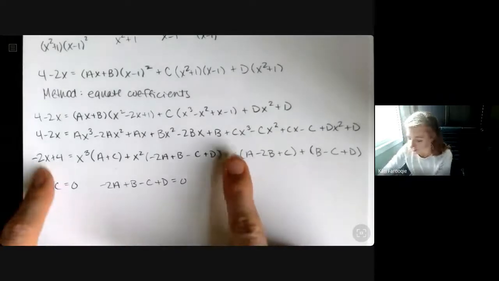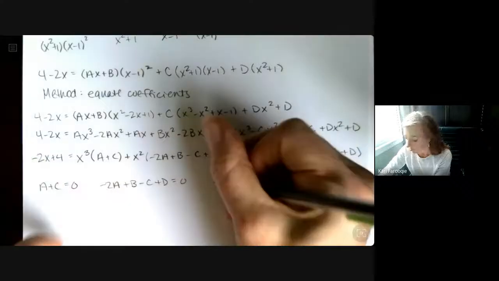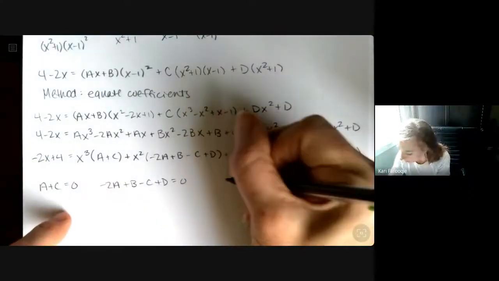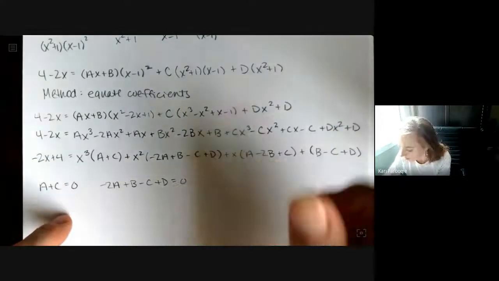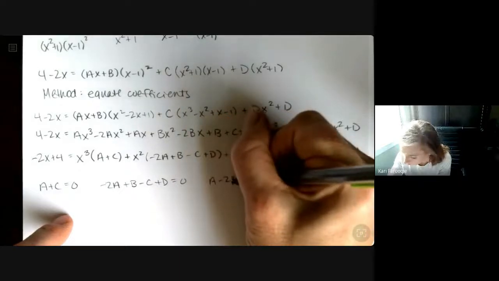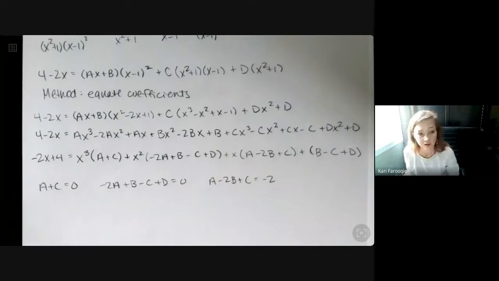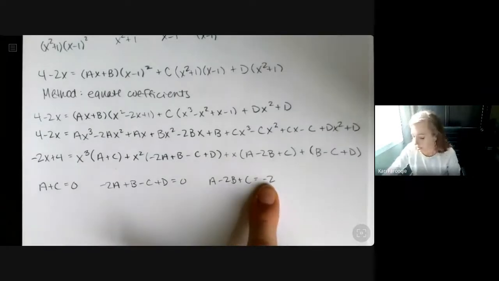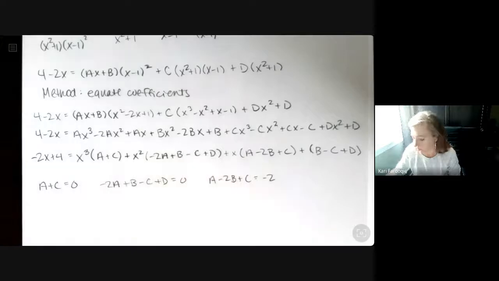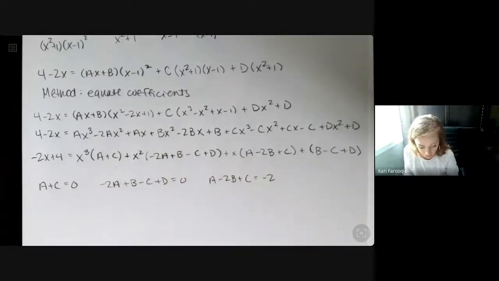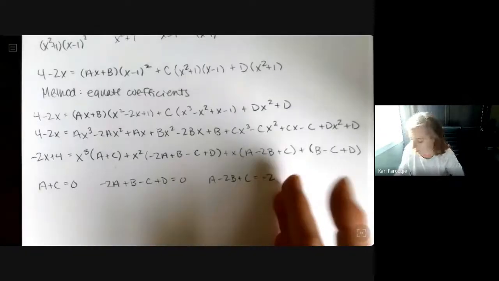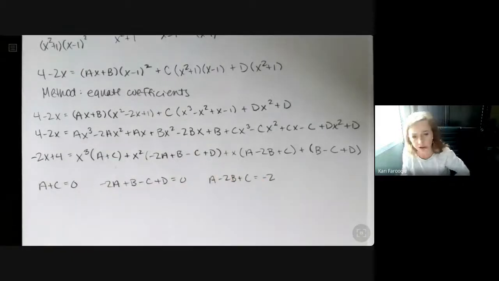All right, now for the x's. On the left, I have negative 2. On the right, I have a minus 2b plus c. So instead of setting that equal to 0, I'm going to set it equal to negative 2. And I know I've switched the sides, but there's a reason for that. If I were you, I would keep it so that the variables are on the left.